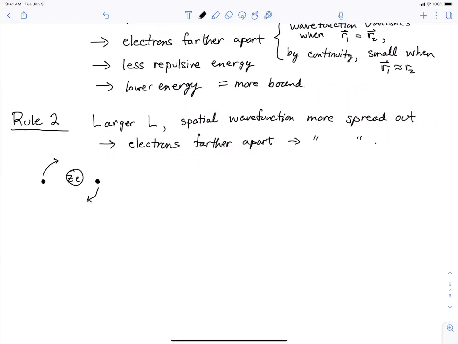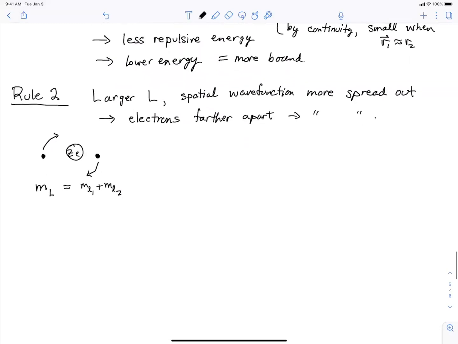Okay, and so we would describe that situation by saying, if the z direction is out of the page, then we would say that they have the same z component of angular momentum, and then when you combine that to get the magnetic quantum number, the m sub l, it's going to be the addition of the two individual electron m sub l's.